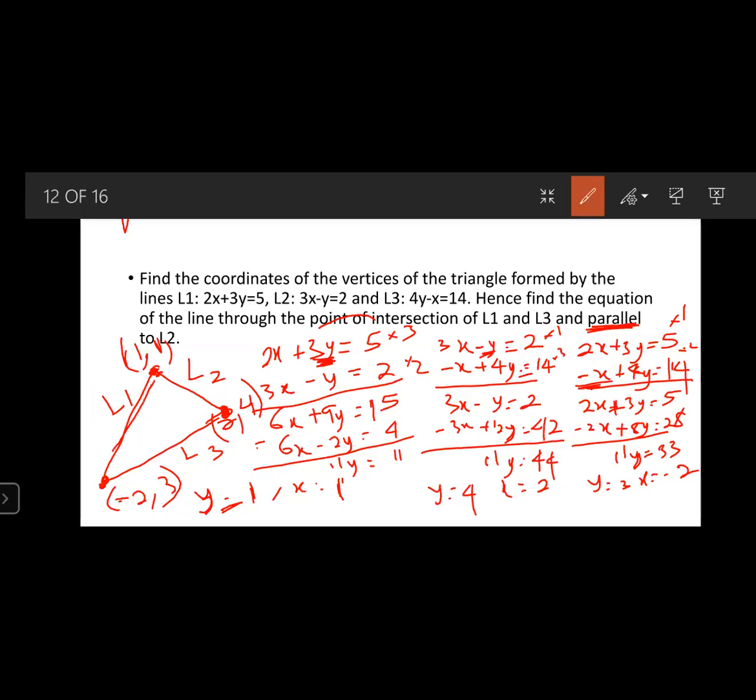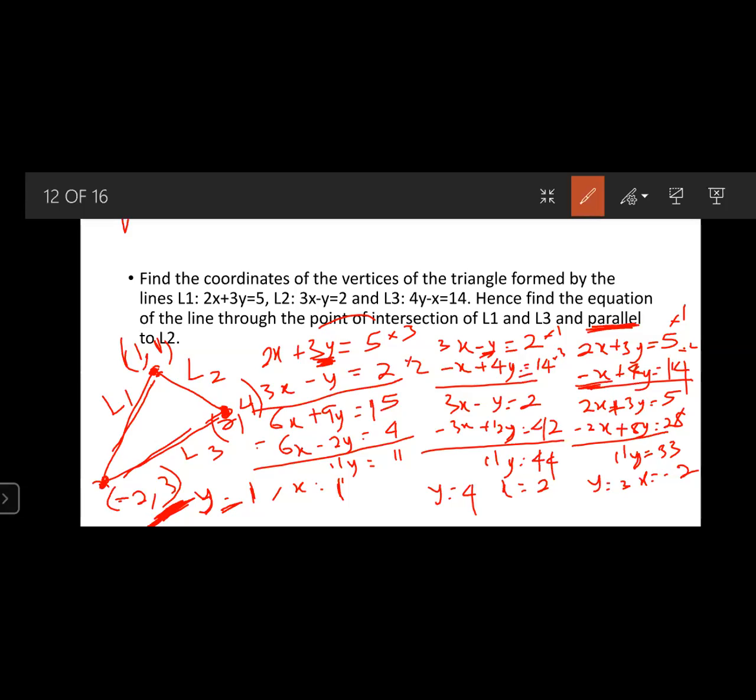This is the point they are talking about. They have given us 1 point. It's passing through this particular point. Another thing that they also need to give us is either additional points or a gradient. They have said parallel to L2.